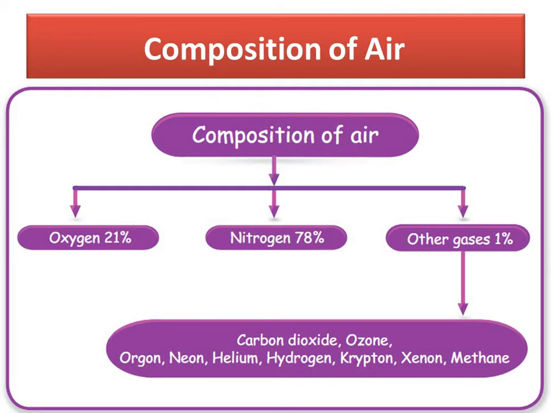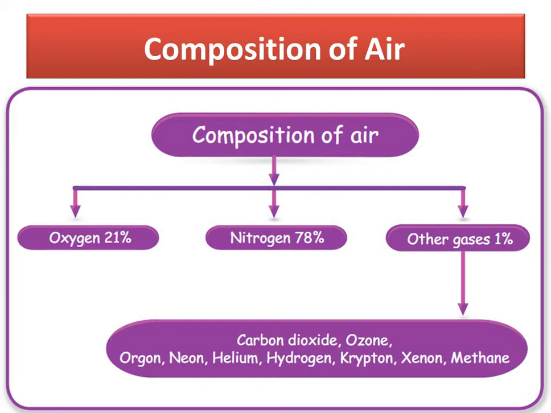Then all the other gases put together make just 1%. And the gases include the gas which we breathe out, carbon dioxide, ozone, argon, neon, helium, hydrogen, krypton, xenon and methane. These gases form the other part, 1% of the composition of air.